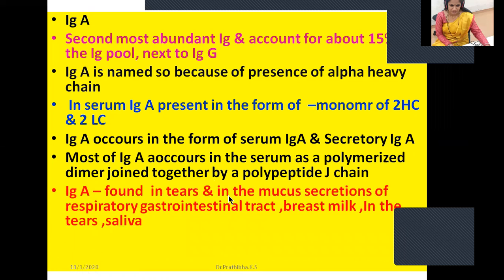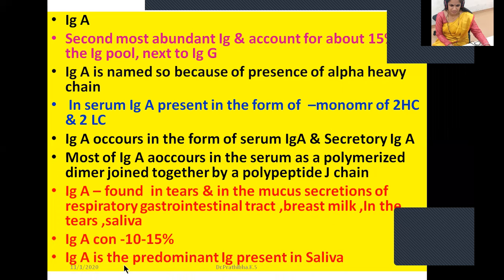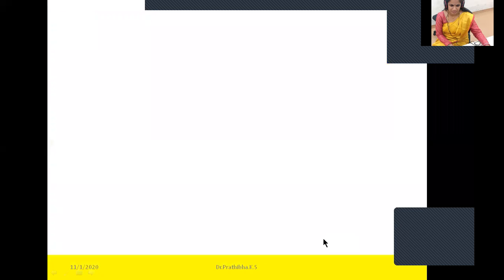IgA is found in tears and in the mucus secretions of the respiratory and gastrointestinal tract, breast milk, and saliva. IgA concentration is 10 to 15 percent of the immunoglobulin pool. IgA is the predominant Ig present in saliva.